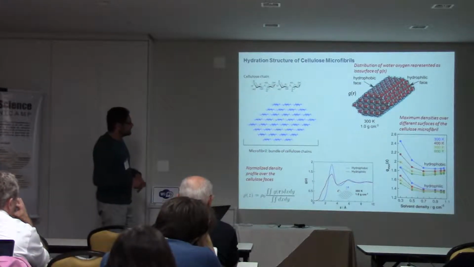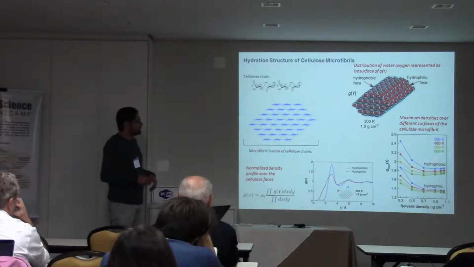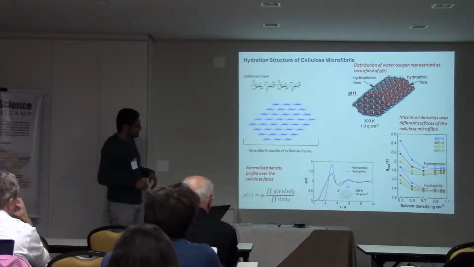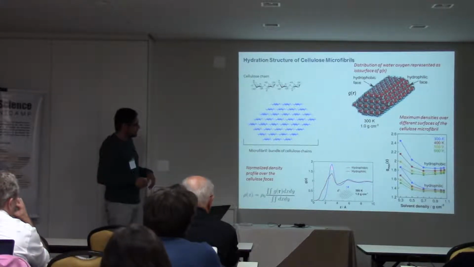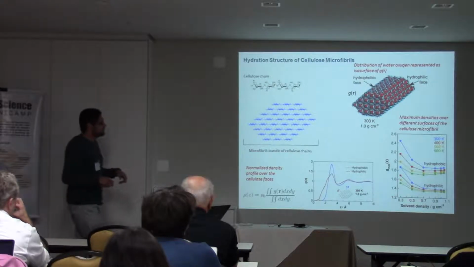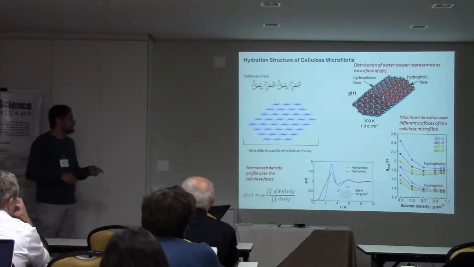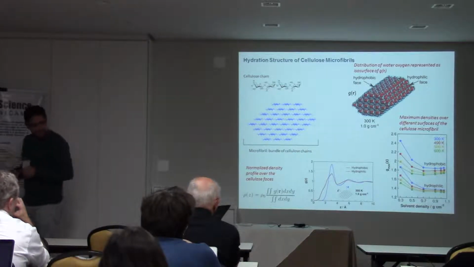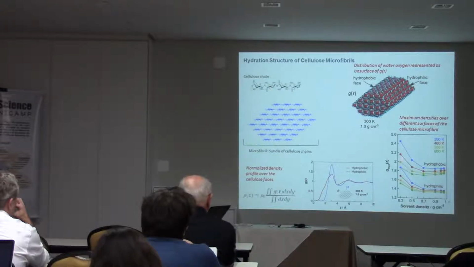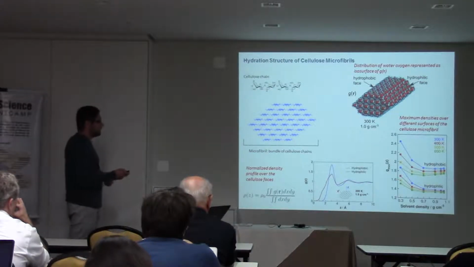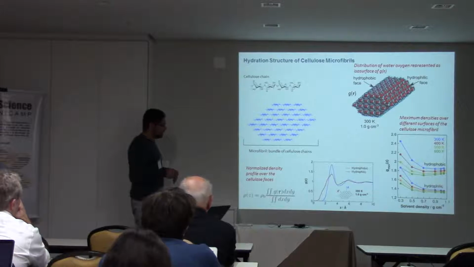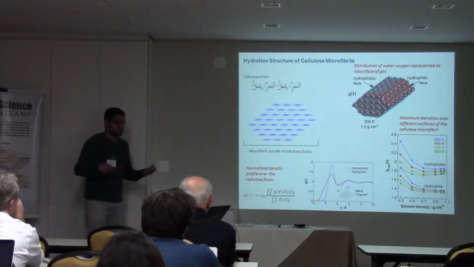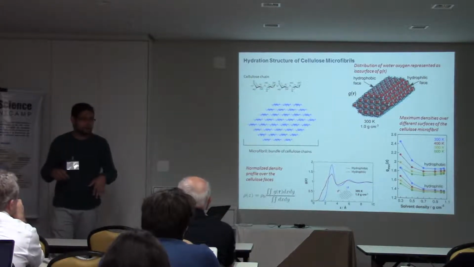You can also look at the maximum density of the water over the cellulose surface. For example, this curve is just the first peak of graphs like that, and it shows the maximum density at different temperatures and densities. You can see that the susceptibility of the hydrophobic surface to changes in solvent density and temperature is much higher than the hydrophilic surface.